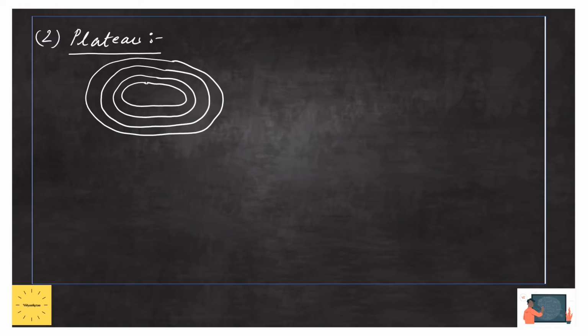In that case, what will be there? So it will form plateau. Is it clear? So we will move to the next part, that is ridge.